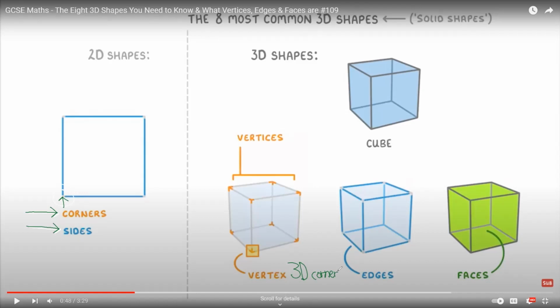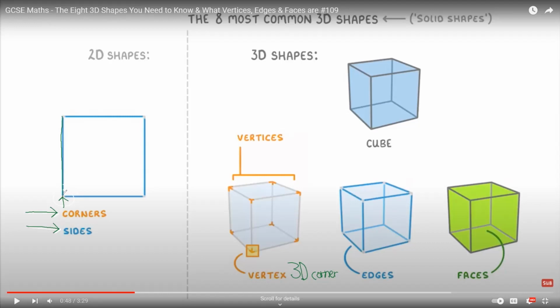Good. So then what about our 2D shape's sides? What does that correspond to? Edges or face? Edge, yeah. So here's our edge.